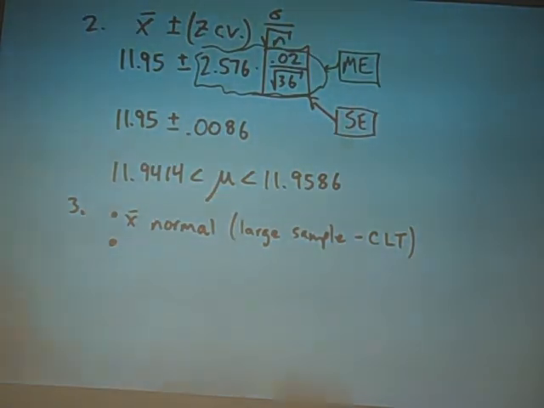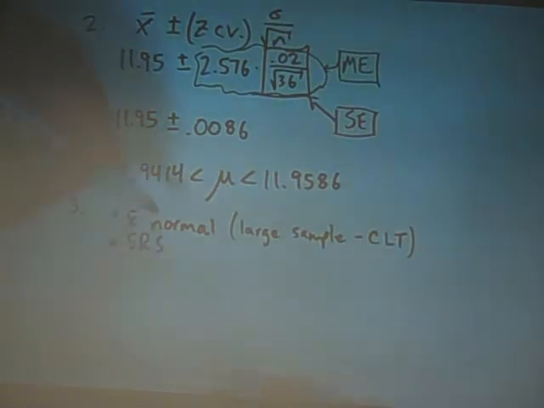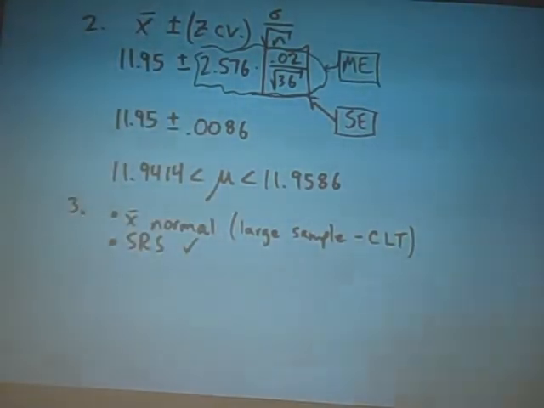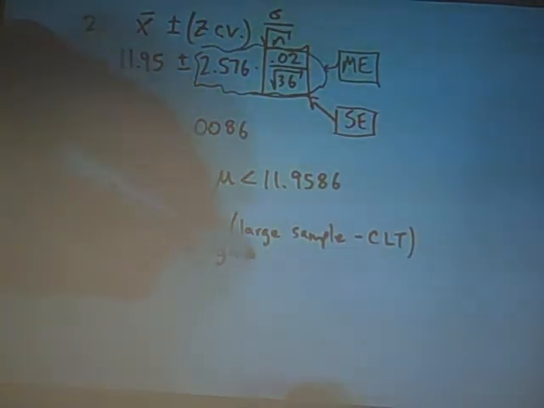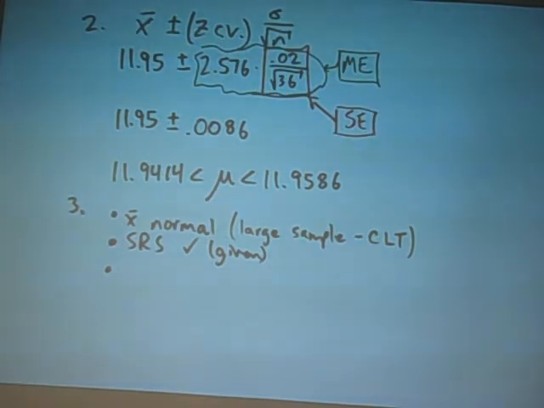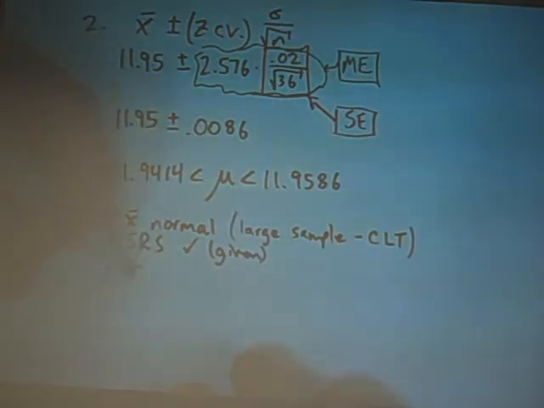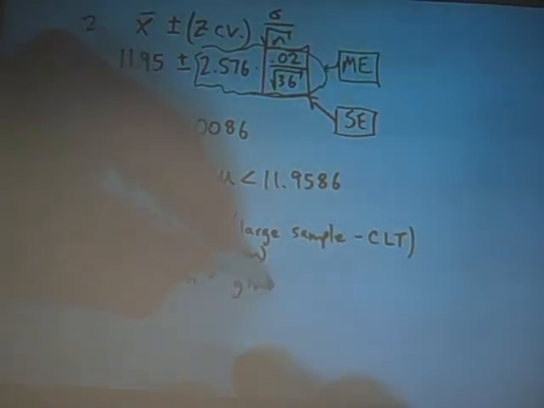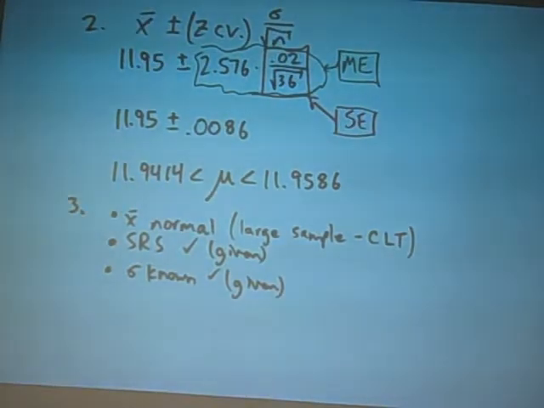At least I think that's the order I had it in. And that was given in the problem, right? Just given. And the third one is that sigma's known, and that was given also. All right, so we're good in terms of our assumptions.